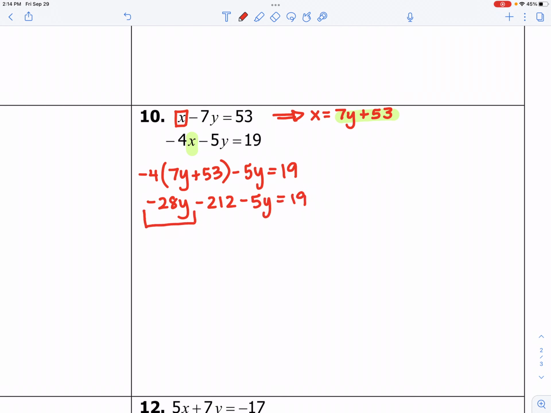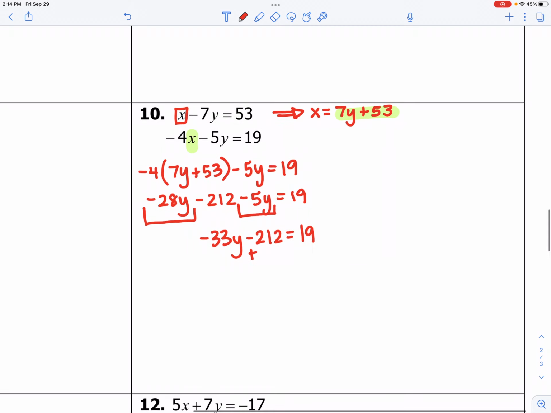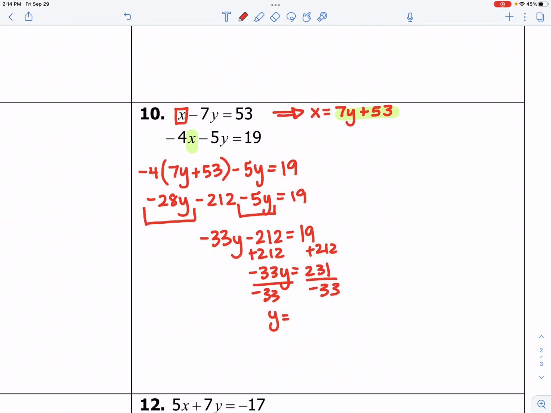I'm going to combine like terms here. Negative 28y minus 5y gives me negative 33y. Minus 212 equals 19. Add 212 to both sides. We get negative 33y is equal to 231. And then we divide by negative 33. We get y equals negative 7.